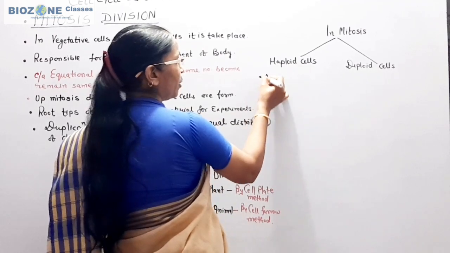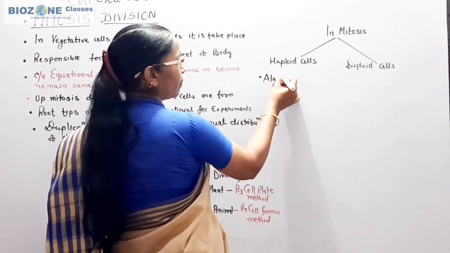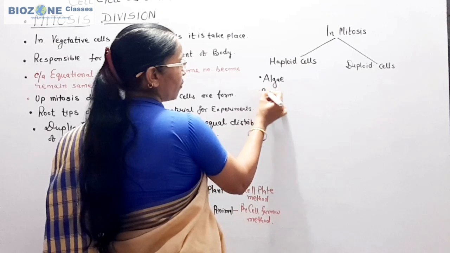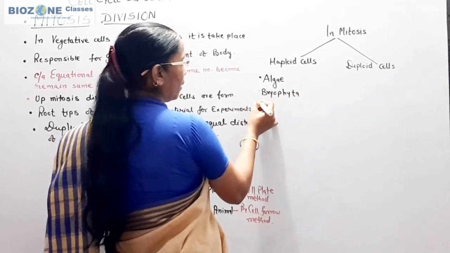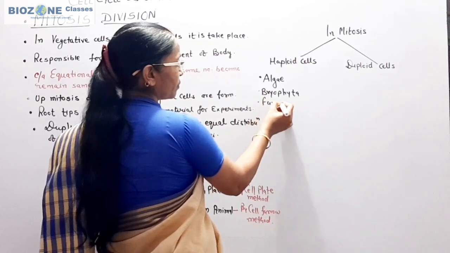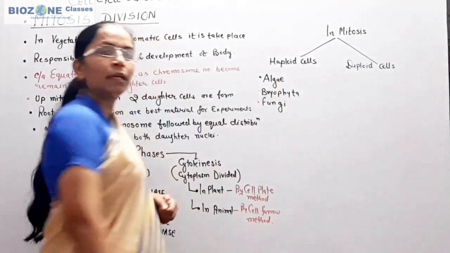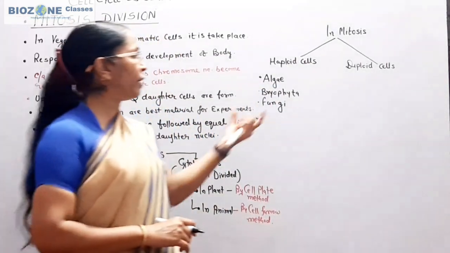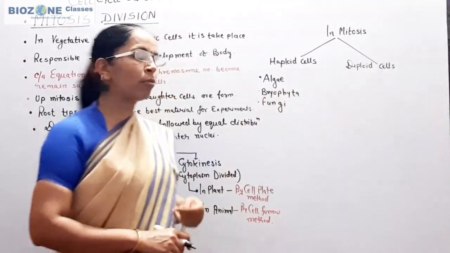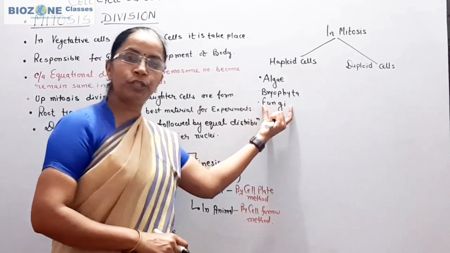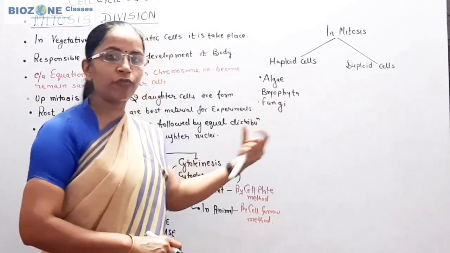First in example you remember algae, bryophyta and fungi. Clear? These three groups, algae and bryophyta, belong to plant kingdom. Lower plants we are commonly saying, as well as fungi. Separate kingdom is there according to 5 kingdom.